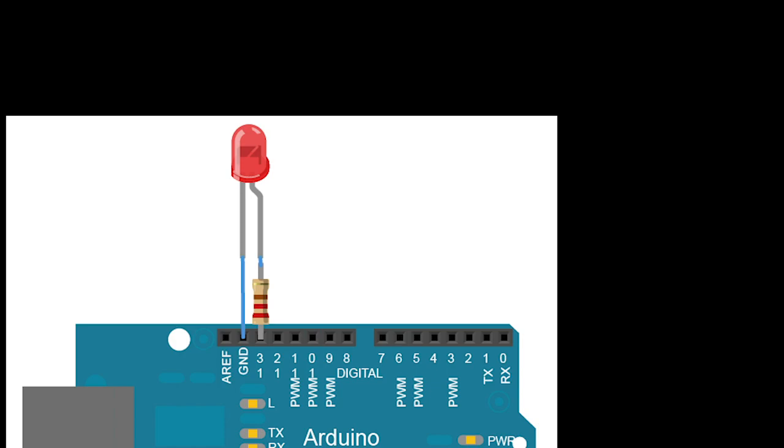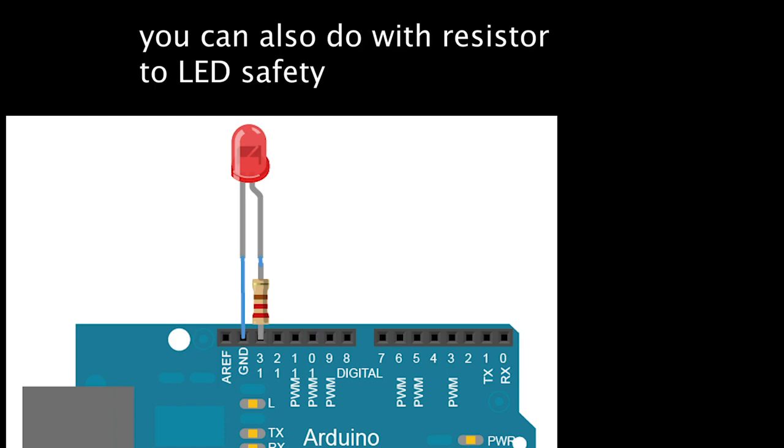Previously I had written 13, so it worked on the 13 pin on the Arduino hardware. When I replaced 13 with 12, it did not work because my LED is connected to the 13th pin, and in the program I had written the 12th pin. If you change the 13th pin to the 12th pin, it will glow. Whatever you write in your Arduino software, that one only will work on the Arduino UNO hardware.